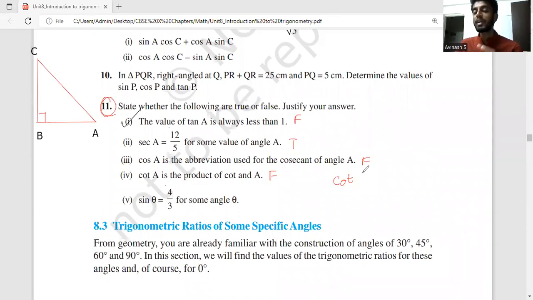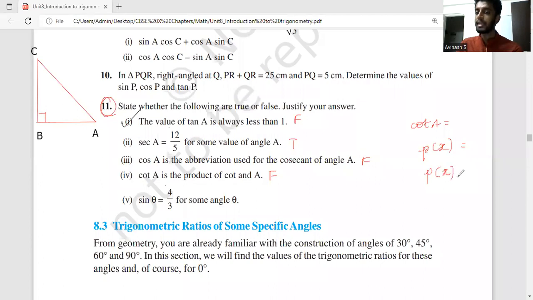When we use trigonometry, we are talking about an angle. So what I mean by this is cot A is not cot into A, because cot by itself doesn't have any meaning. It has meaning only if there is an angle associated with it. This is very similar to P of X in polynomials. If it's only P, we don't have a meaning.